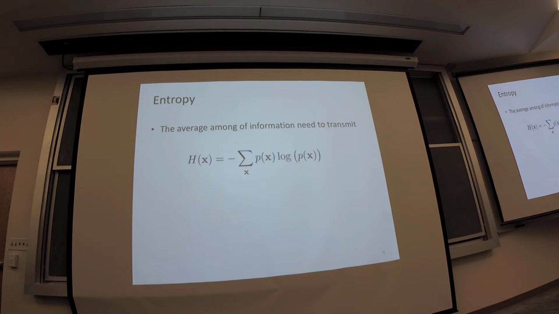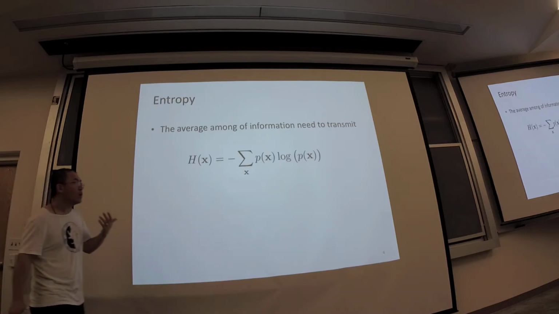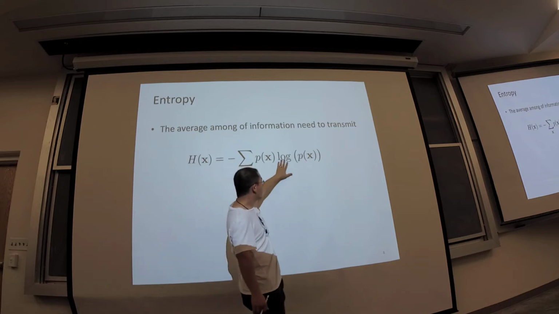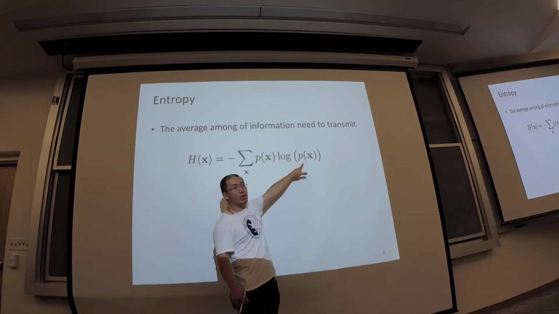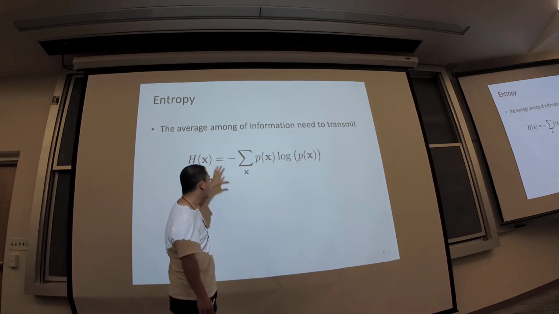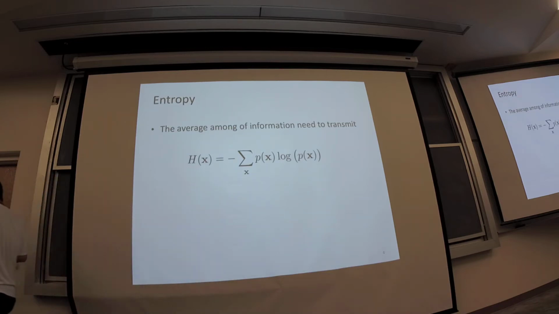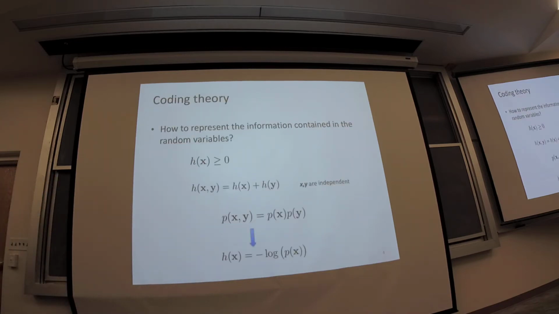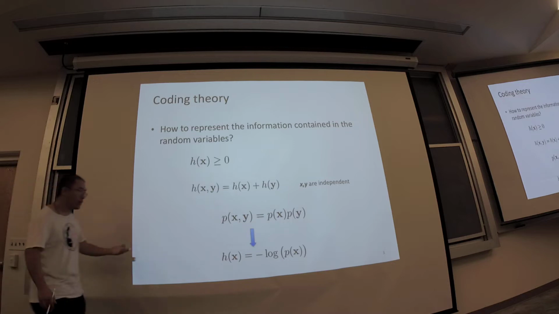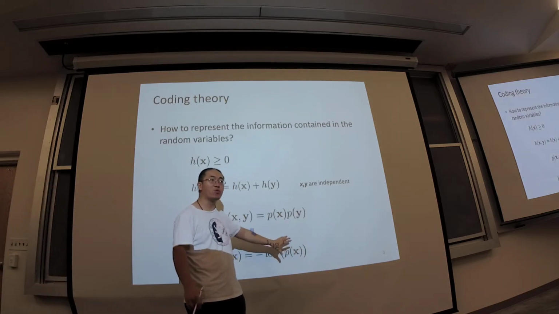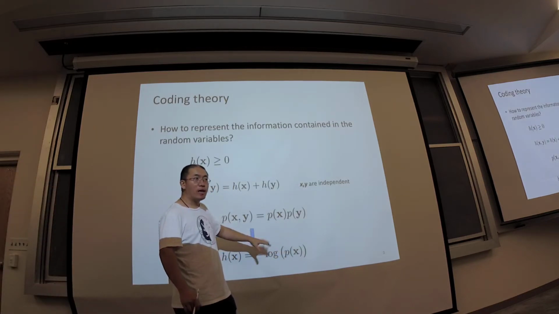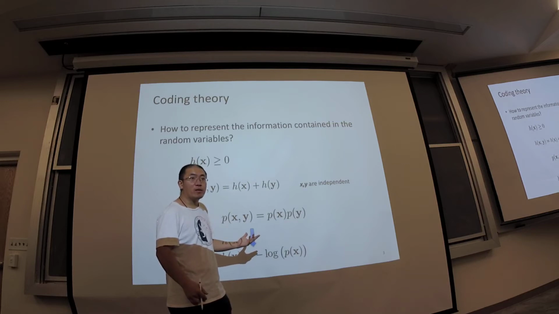So now based on this, I know that when random variable x takes a specific value, I can design the information it contains to be just this one, negative logarithm p of x. But x is random, so I need to remove the randomness.